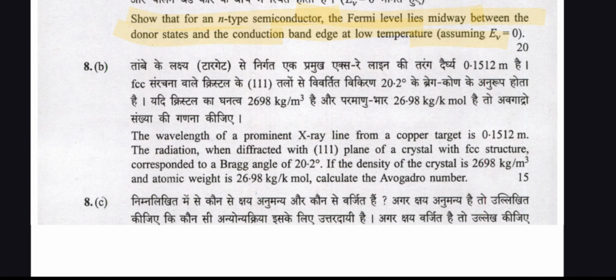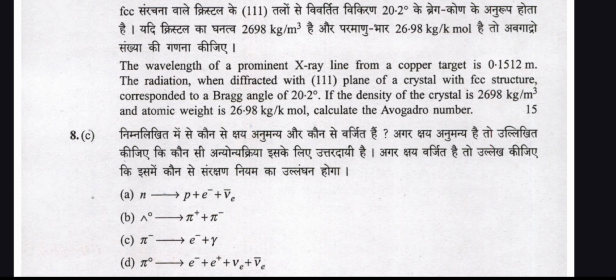And the question 8b is here. The wavelength of a prominent X-ray line from a copper target is 0.1512 nanometers. The radiation when diffracted from the 100 plane of a crystal with FCC structure corresponds to a Bragg angle of 20.2 degrees.